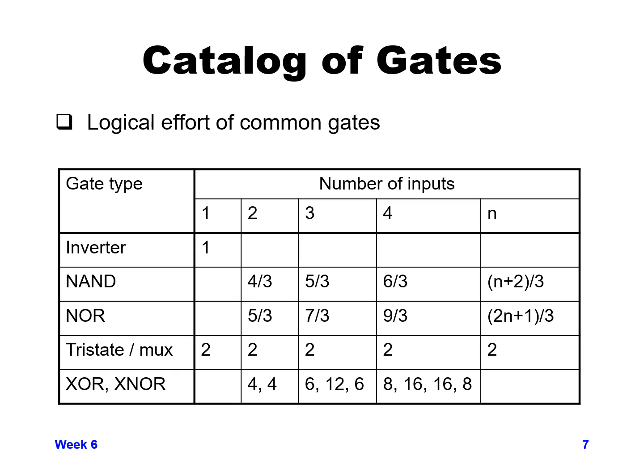It gives the logical effort depending on the number of inputs, and at least for the NAND, NOR, and tri-state MUX, what the equation is if you add additional inputs to the type of gate. If you want to formally prove this, I leave it up to the students to put in a little bit of work and make sure you agree with what's being presented here.